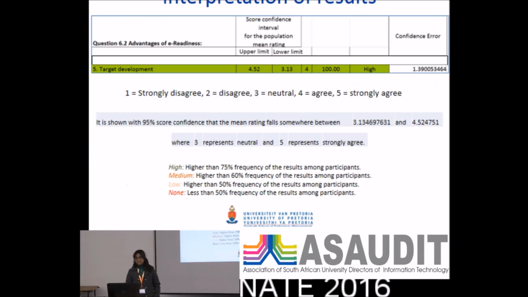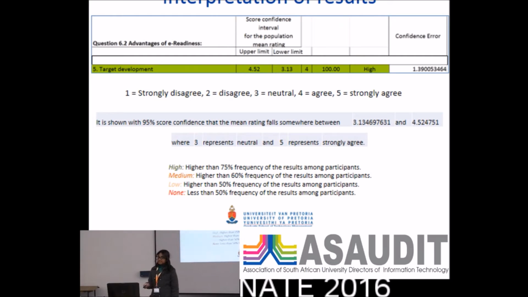Just as an example, if the question was posed, is target development important or considered an advantage of e-readiness, then they would rate from strongly disagree to strongly agree, 1 to 5, and then the equations were used on the outcomes from the panelists.